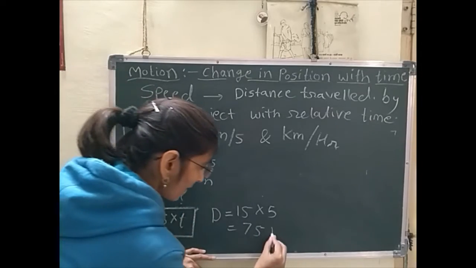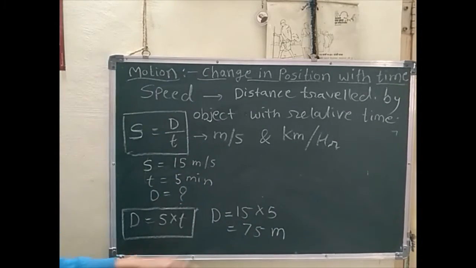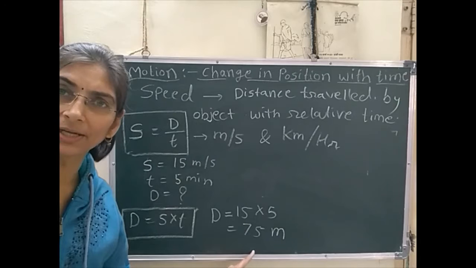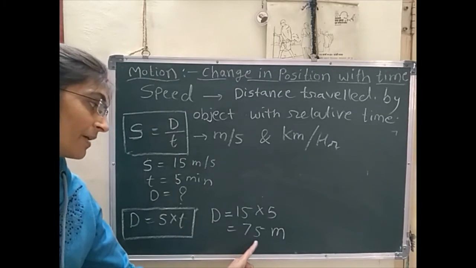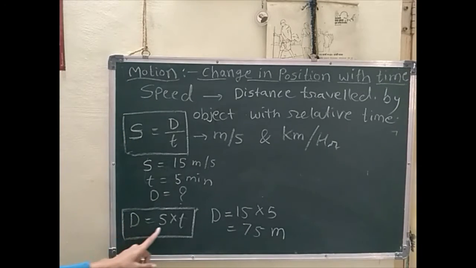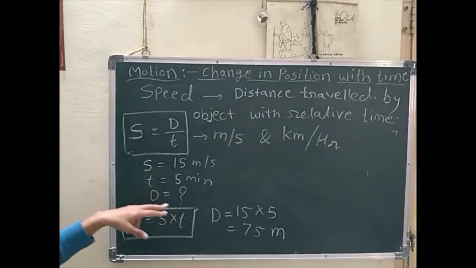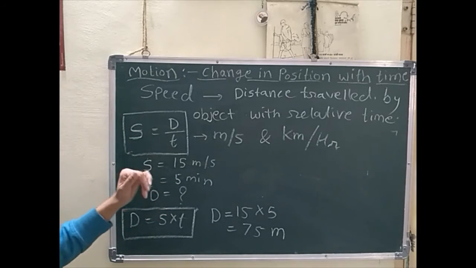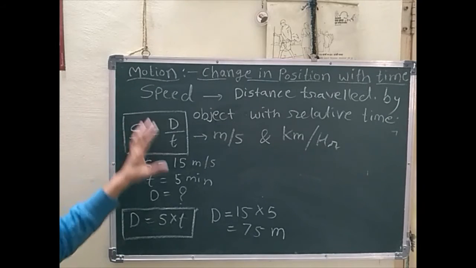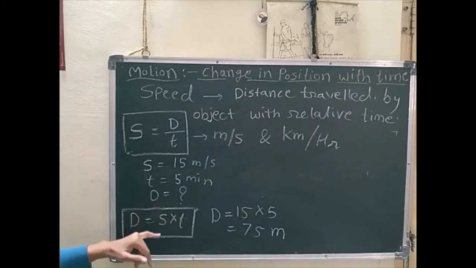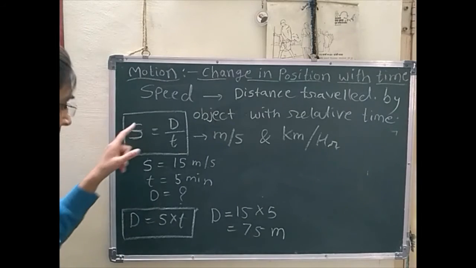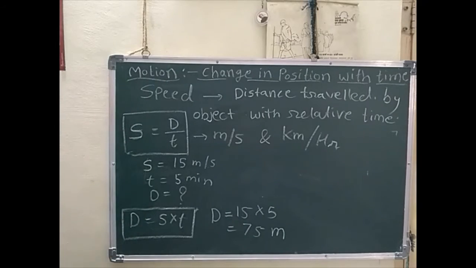That's why we write meter here. So how much distance did it travel? 75 meters. In this manner, if we have to take out anything from this formula, we can take it out very easily. Distance we can take out, as it is derived from that formula only.